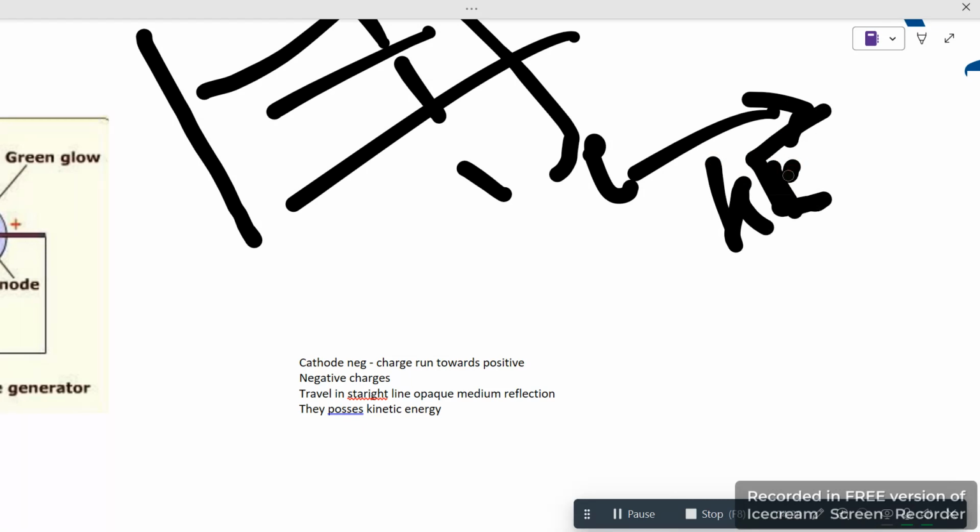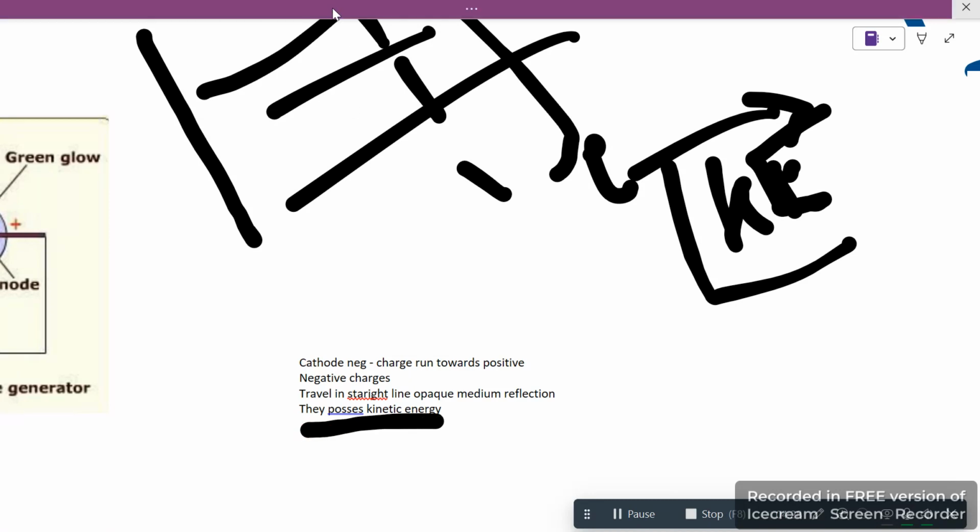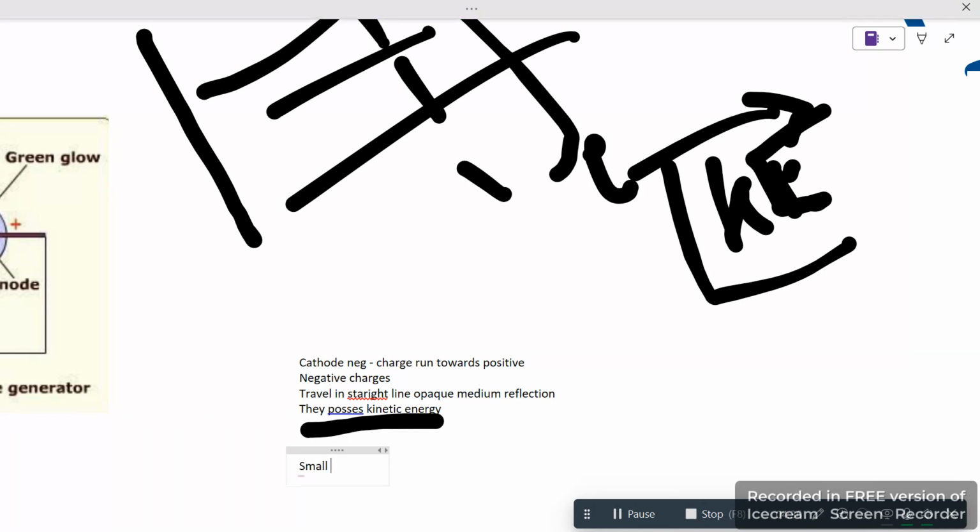Wherever you see movement in any particle, atom, ion or molecule, we say kinetic energy. They also possess kinetic energy, and they are made up of small particles.